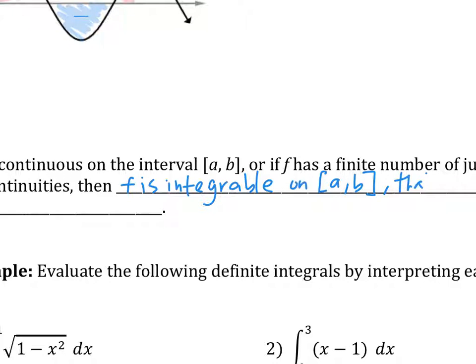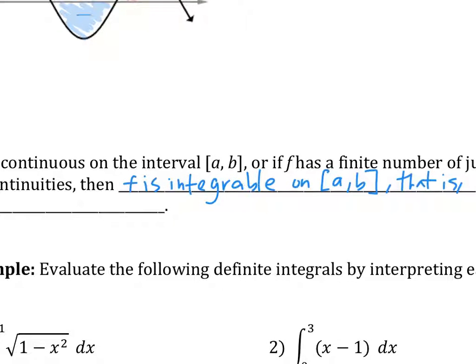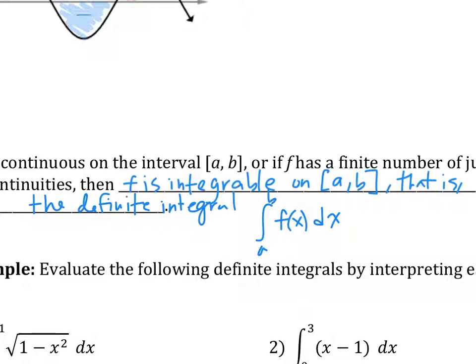That is, the definite integral from a to b of f of x dx exists. What this means is if f of x is continuous on this interval, or on this interval it has a finite number of jump discontinuities, then you can figure out the area underneath this curve.